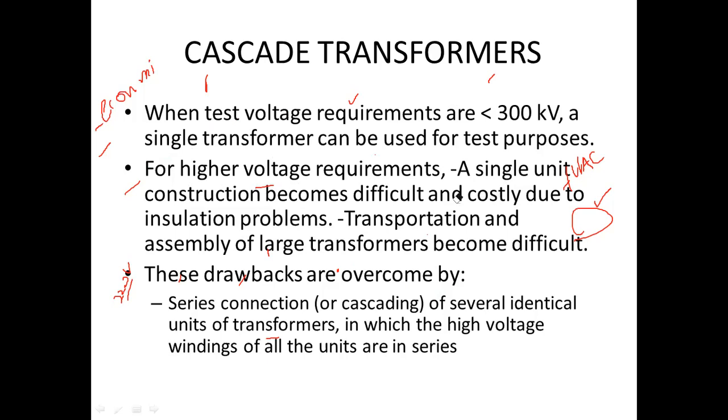From the cost point of view, the transportation and assembly of a large transformer become difficult. Assembling is also a difficult point, so this is the fourth point. These drawbacks are overcome by cascading, connecting several identical transformer units in series.